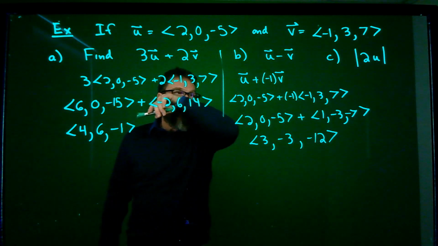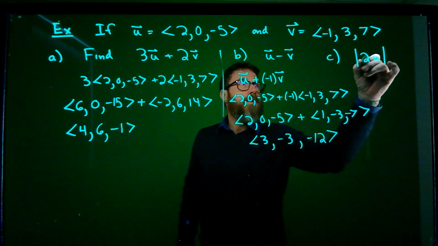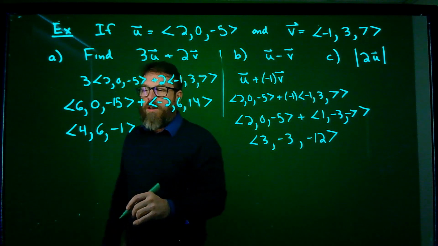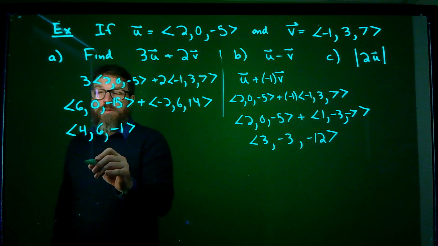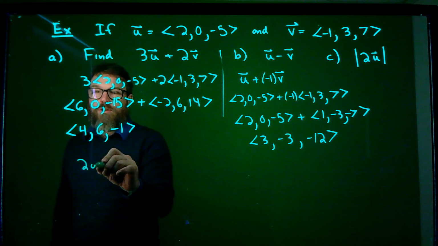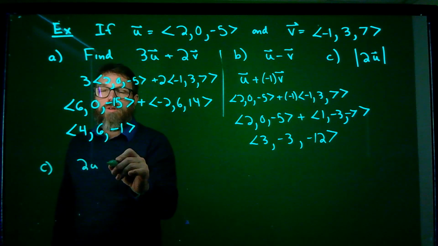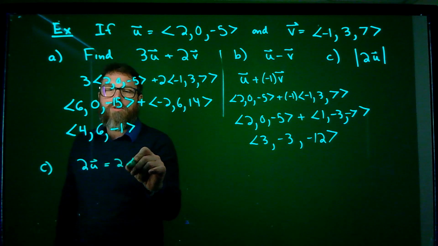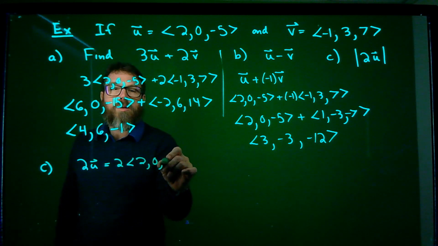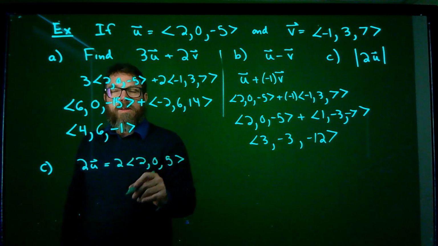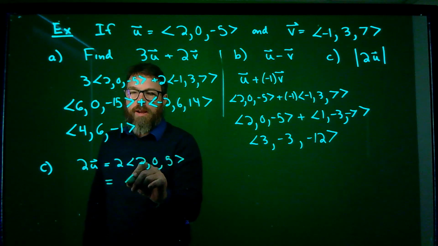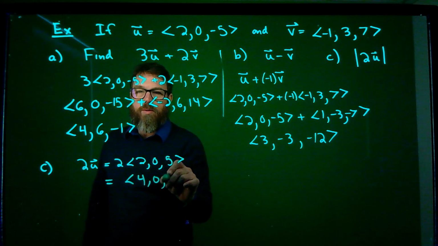Then last, I want to find the magnitude of 2u. So the first thing I'm going to do is go ahead and find 2u, and then we'll find the magnitude of that. So what is 2u? Well, 2u is going to be 2 times 2, 0, negative 5. Multiplying this together, we're going to have 4, 0, and then this is going to be negative 10.